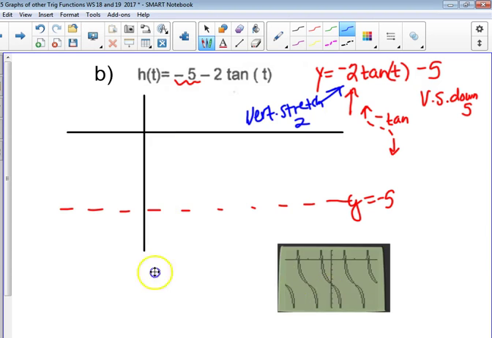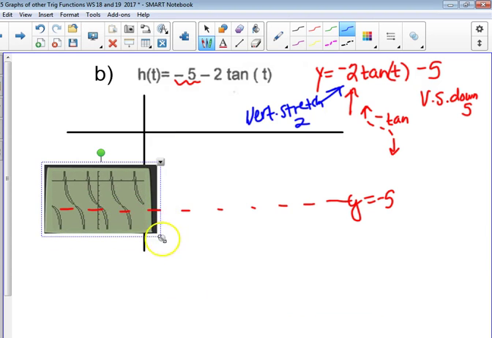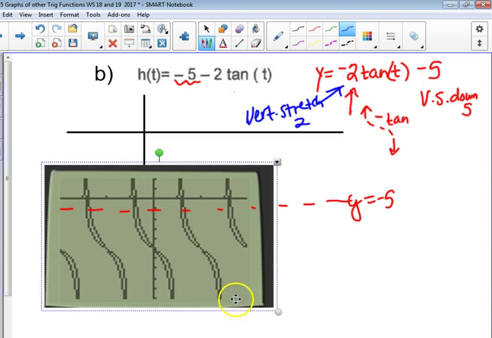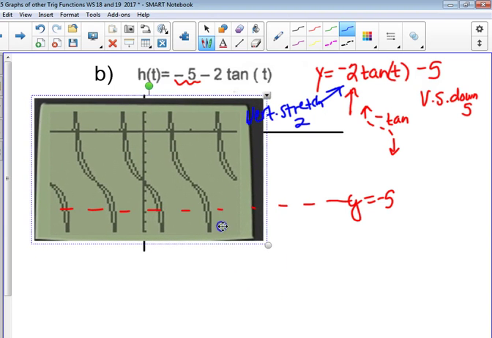Then I graphed both -5 minus tan t and -5 minus 2 tan t. Do you see much difference? Do you see that there's a tiny bit straighter up and down on one of them? But that's it.